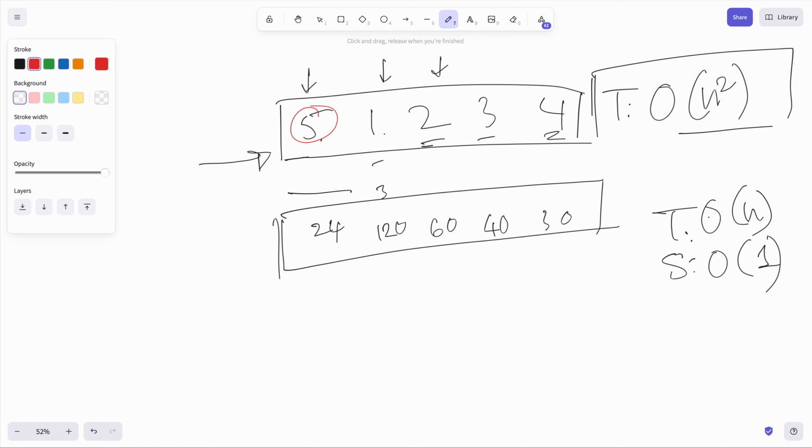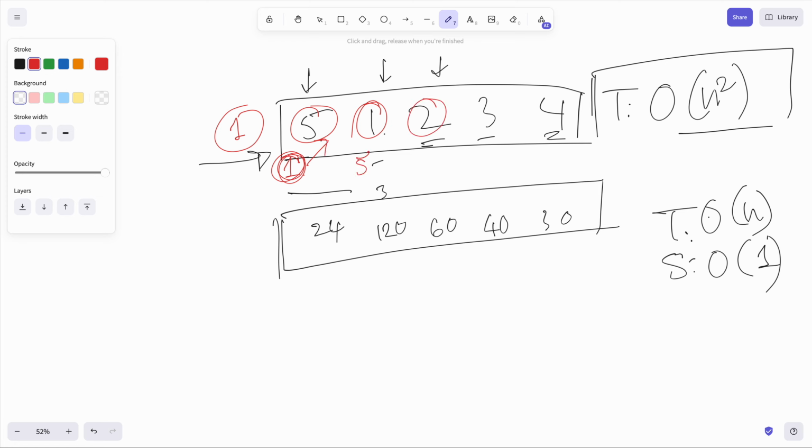For 5, there are no previous values, so we assume 1. For 1, we multiply all the previous values together. We already know 5 is there, so the total of the previous values is 5.